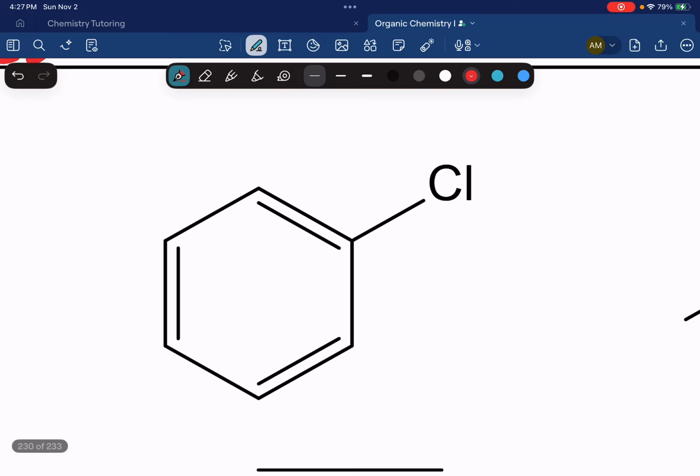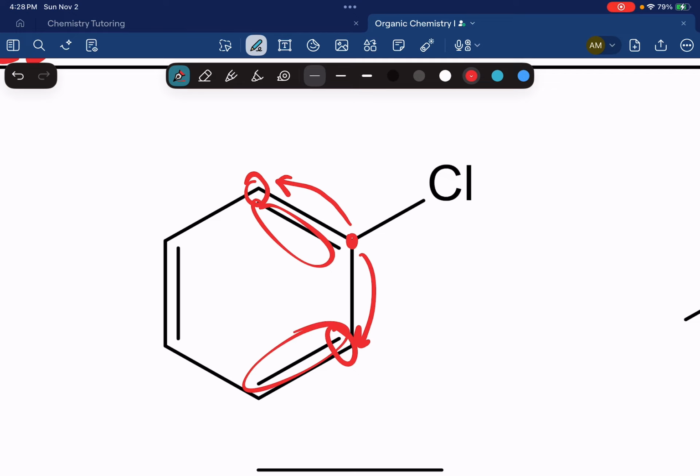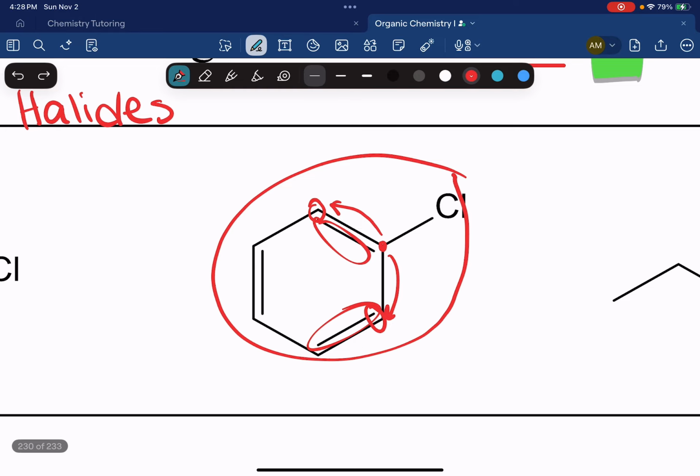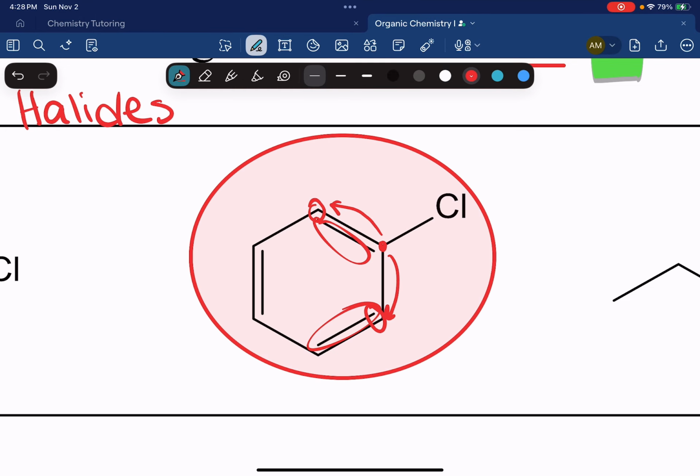What is this? Technically, we could say it's secondary, right? It's bonded to 2, technically. However, like I just said, there's double bonds involved. We never talked about that. We do not do chemistry with this. And the reason why is because benzene is an aromatic ring, right?